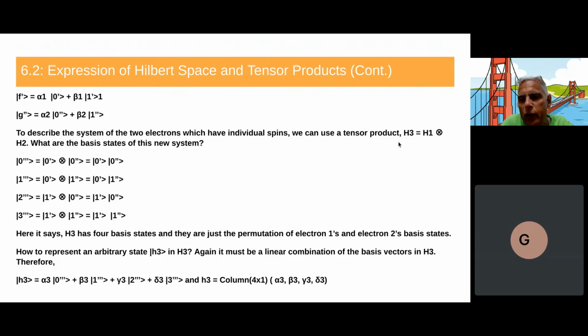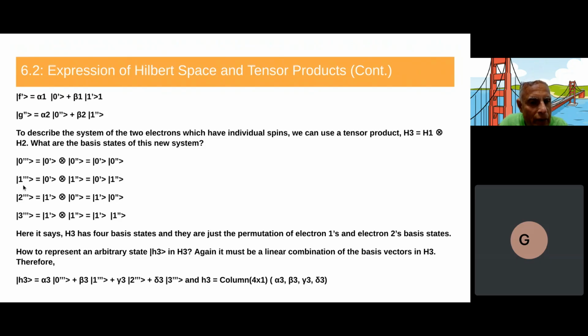H1 has a ket0 1, H2 has a ket0 1. Now they are not the same. If we have to say, then we have to write down that one of them is a combination of the other. For example, ket0 3 is a combination of ket0 of the first one and the second one, both 0, and that is this combination.